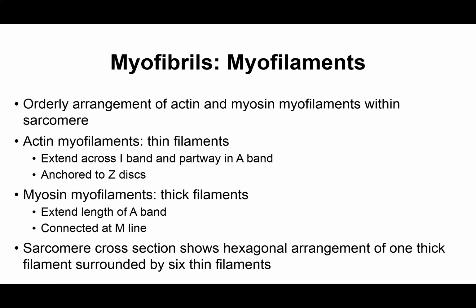Or I guess not really necessarily to one another, but they make their connections in muscle at the M line. The sarcomere cross-section is going to show sort of this hexagon arrangement of one thick filament and 6 thin filaments.